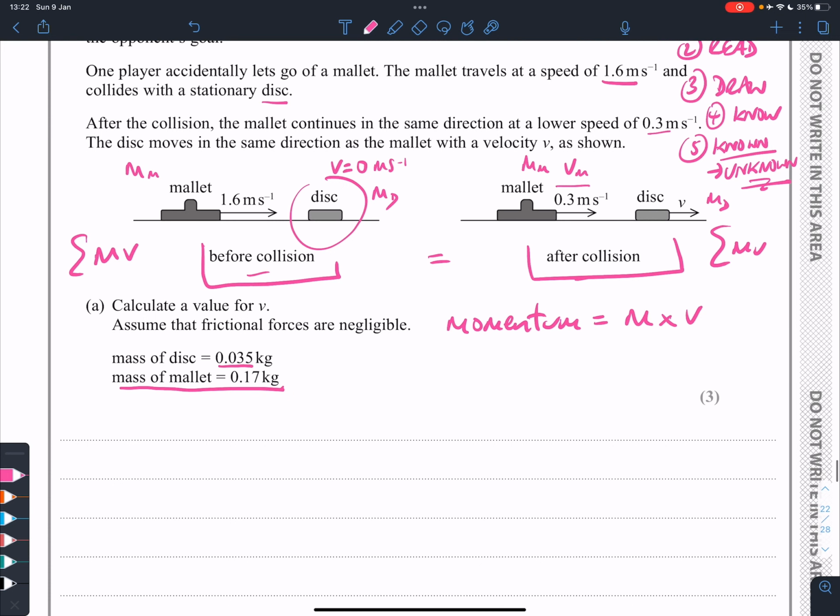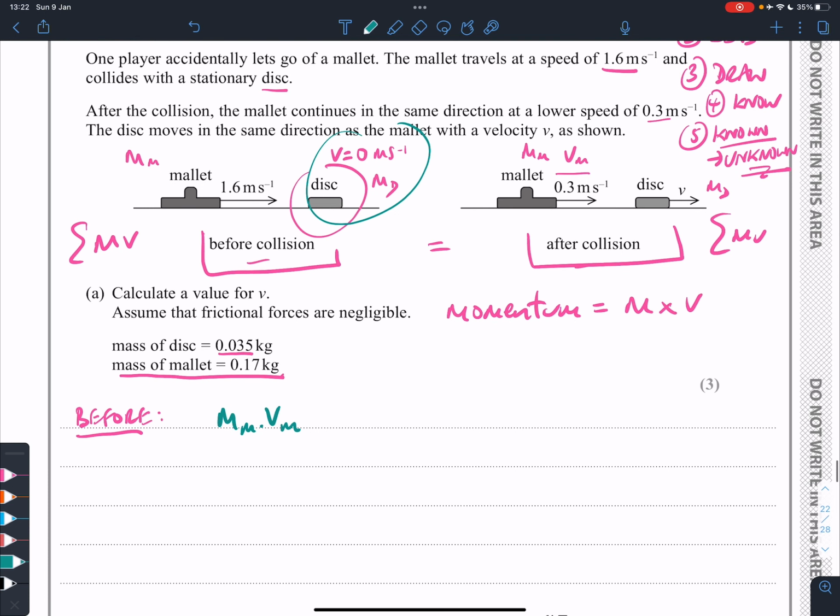Okay, so what is the before momentum? We've got the momentum of the mallet, which is the mass of the mallet times the velocity of the mallet. And we don't have anything else because this is 0.